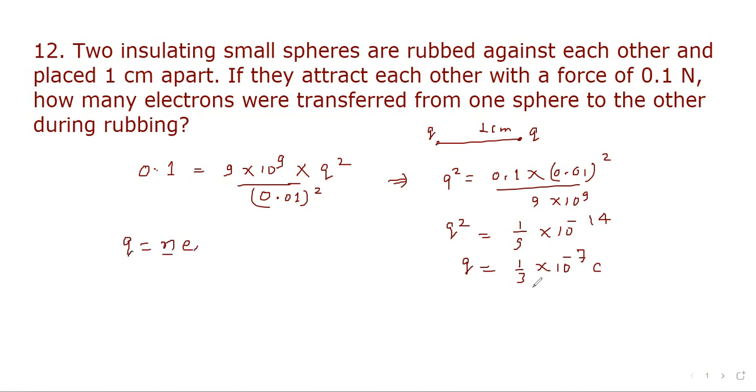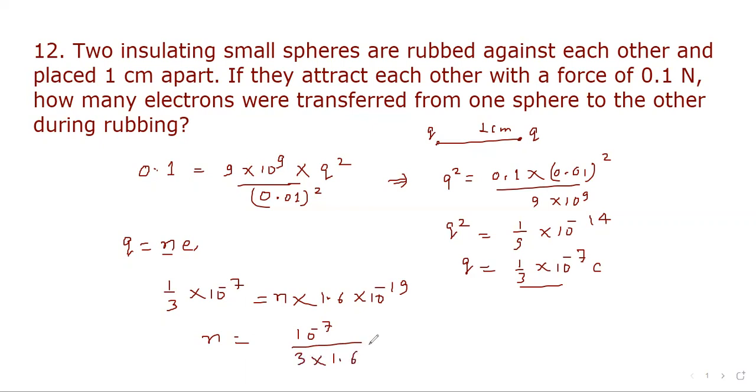Now, we know that Q is equal to Ne, where N is the number of electrons and e is the electronic charge. So we apply here, 1 by 3 into 10 to the power minus 7 equals N times 1.6 into 10 to the power minus 19. So N will be equal to 10 to the power minus 7 divided by 3 into 1.6 into 10 to the power minus 19, which will become 1 upon 4.8 times 10 to the power 12.